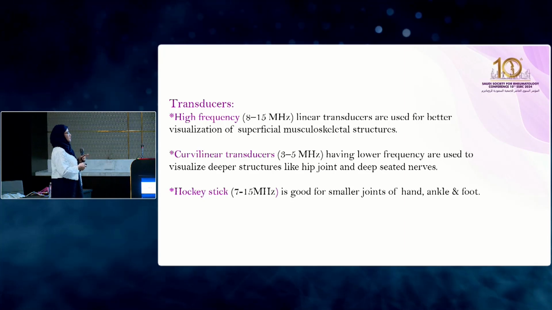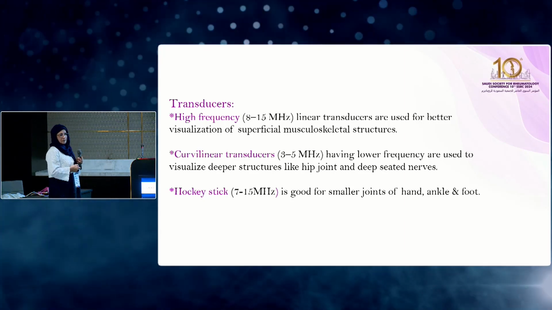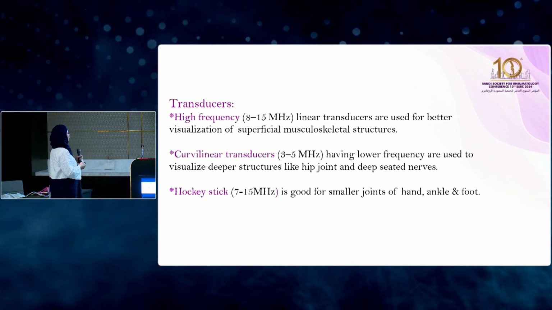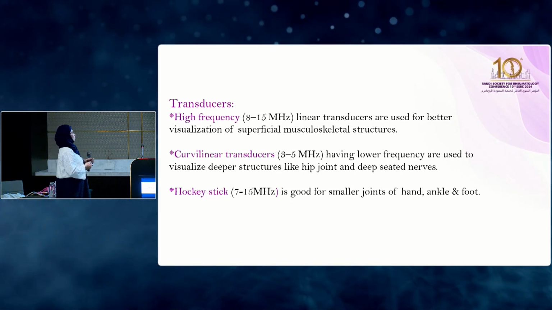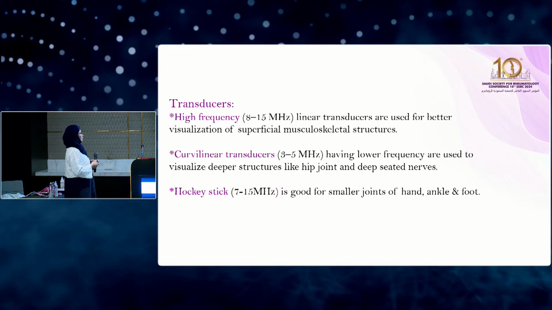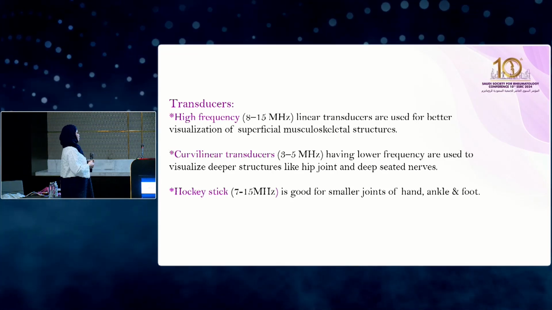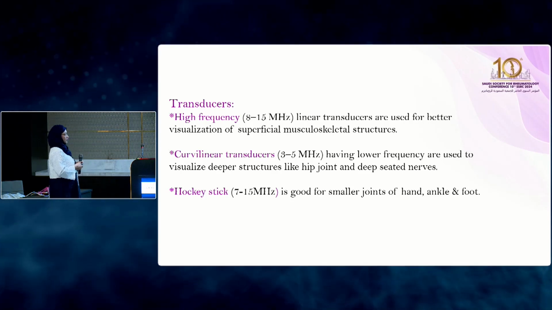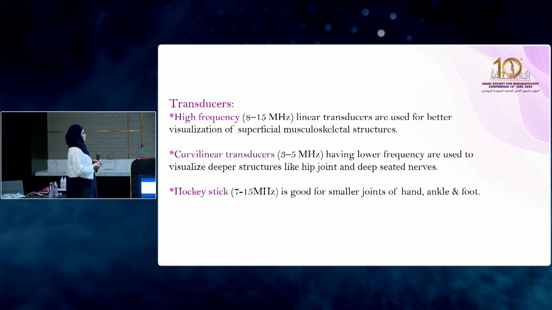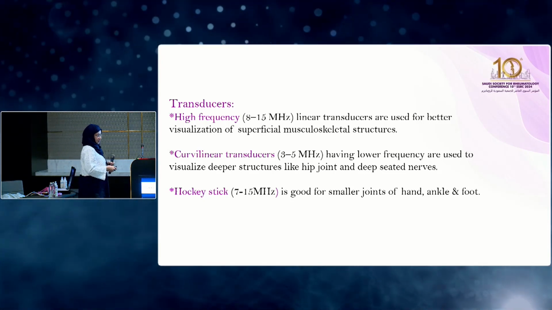This is the most popular probe that we are using. Curvilinear is usually used for deep structures like the hip joint because it has low frequency. The hockey stick is high frequency with a small footprint, and it is good for smaller joints of the hands and ankle.